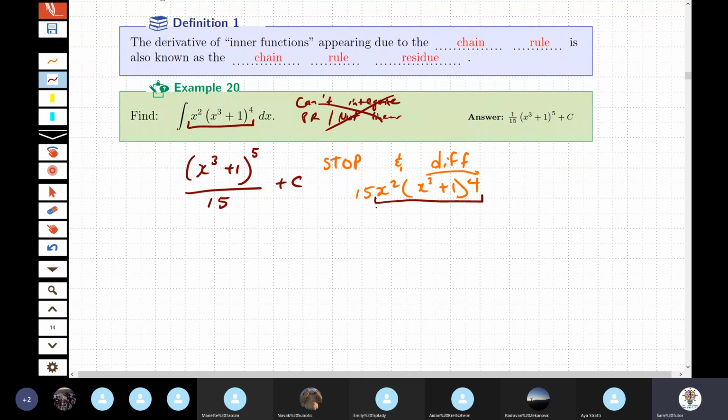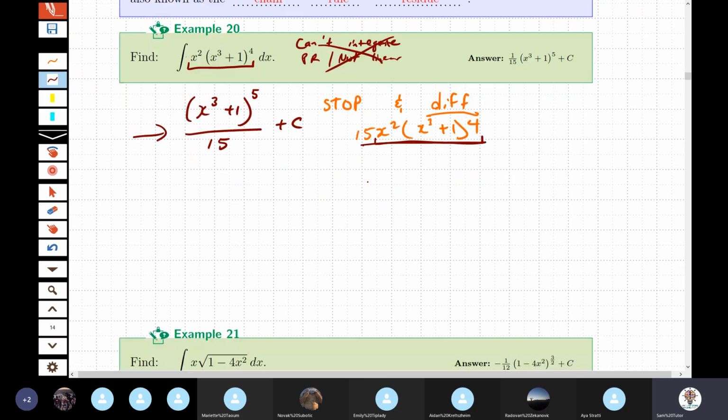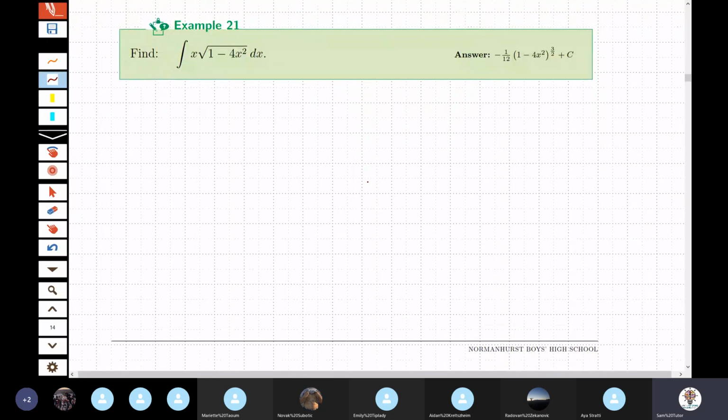We saw that the extra 15 we didn't want there, we've divided it out and now we've got the answer. If I differentiate this, we know it's going to be exactly this orange bit divided by 15, the 15s cancel, and you're back to the original question. But let me not confuse you more right now. Let's have a look at a few more and then I think you guys will get the hang of it. This one here. Let me just rewrite it without the surd.